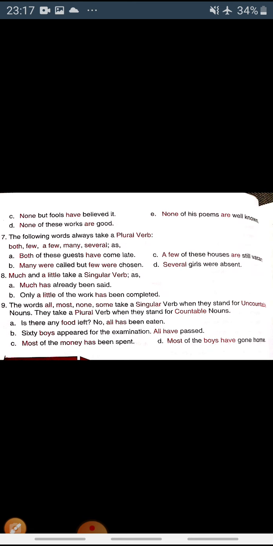Next is the 17th rule. The 17th rule says the following words will take a plural verb: both, few, a few, many, several. Both of these guests have come late. Many were called out, but few were chosen. A few of these houses are still vacant.